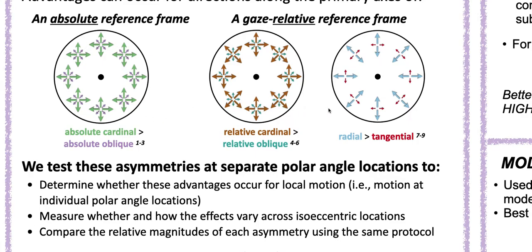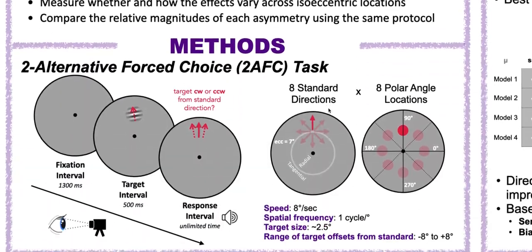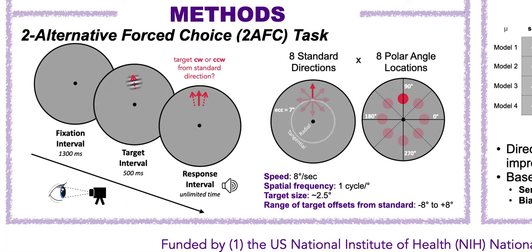We used a 2 AFC task to measure motion discriminability for 8 directions at 8 separate polar angle locations. First, observers learn one of the 8 directions during a practice session, which was then used as a standard direction. On the left, we show an example trial sequence during the experiment.